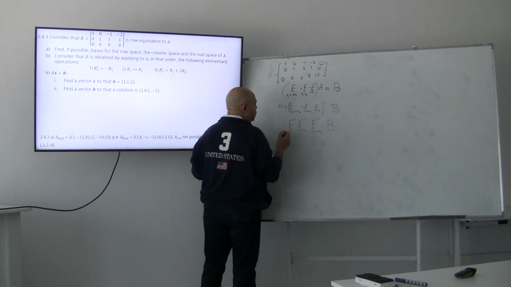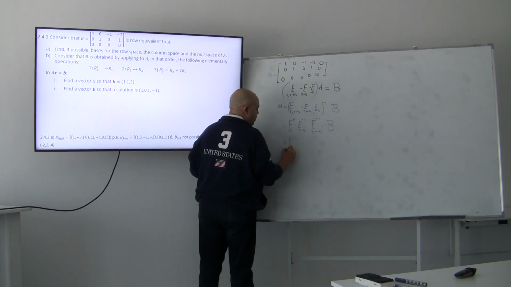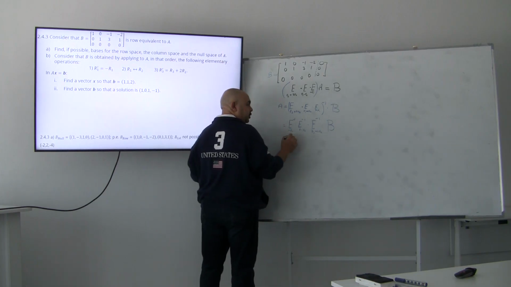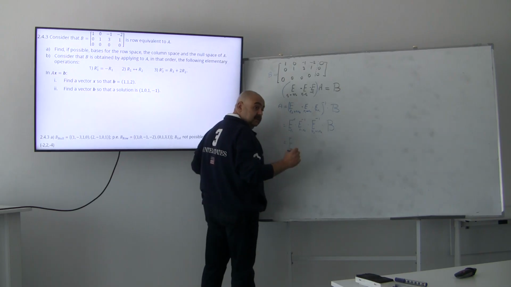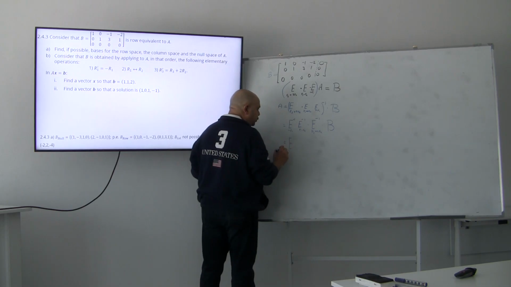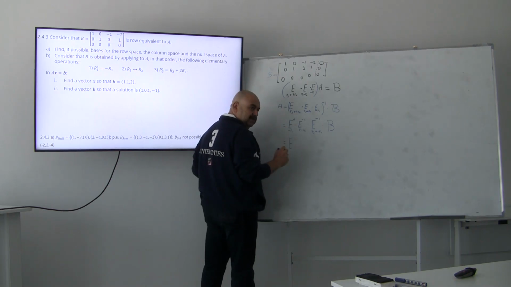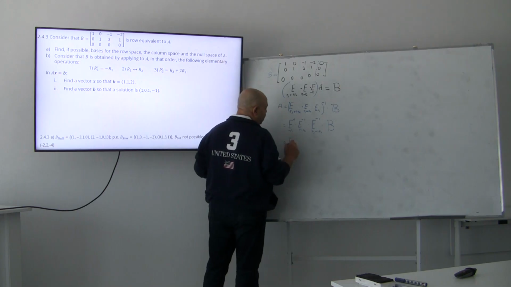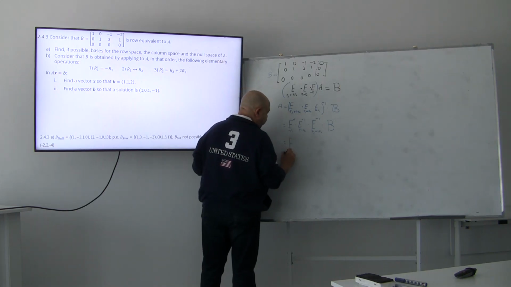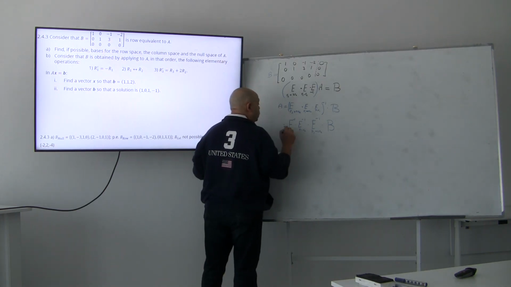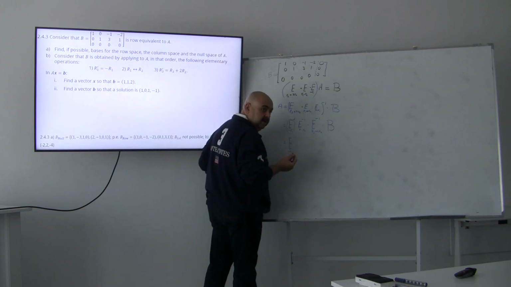How do we get the inverse of this matrix? In order to get the inverse of this operation, I will multiply R1 by negative. So I take this matrix and multiply it by negative, so this will remain as the negative of R1.